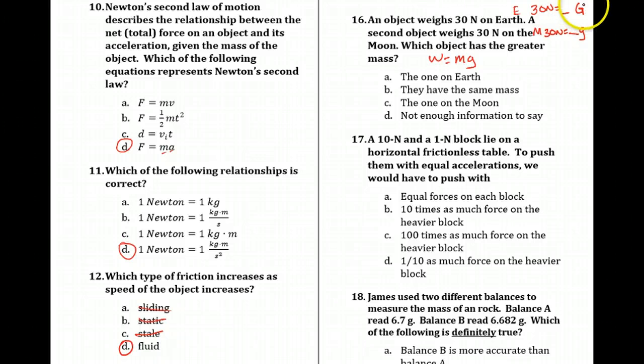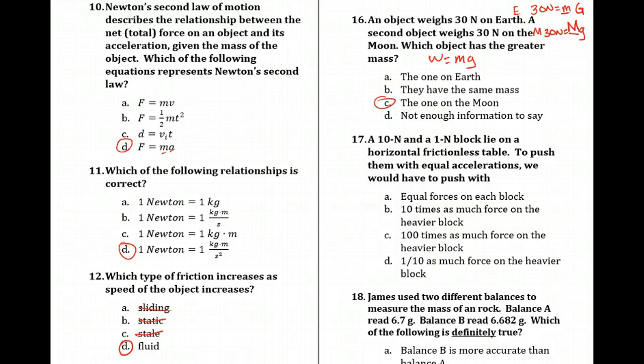I've written the Earth's gravity as a capital G to represent that that's bigger. The Moon's gravity is lowercase g to represent that that's smaller. Well, if we've got a number times a bigger number and a number times a smaller number, this will have to be bigger to compensate for this being smaller and equal 30 newtons. And this will have to be lower, so the greater mass is the one on the Moon.